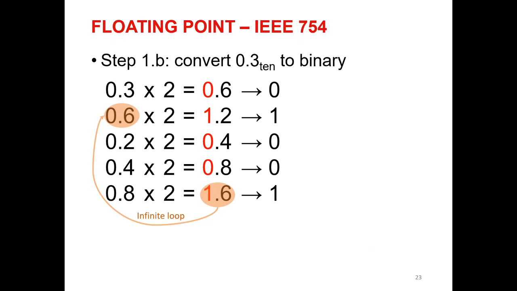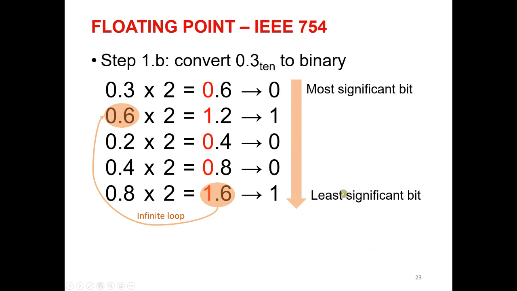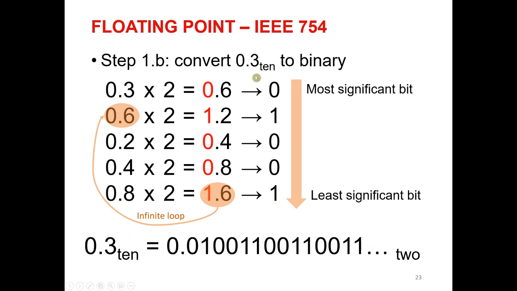Remember that in this case, the order in which we read those values is from bottom to top. So here we will have the most significant bit at the top, and at the bottom we will have the least significant bit. So this means that 0.3 in decimal is equivalent to this number in binary. Okay, so 0, 0, 1, 1, and 0, 0, 1, and then remember that this is going to be repeated again and again.